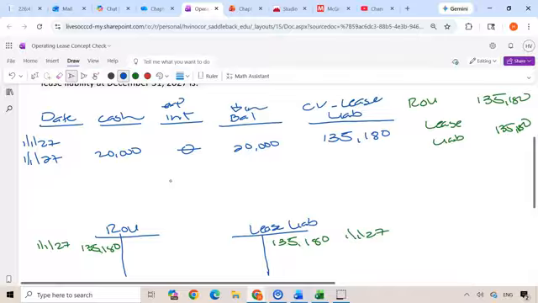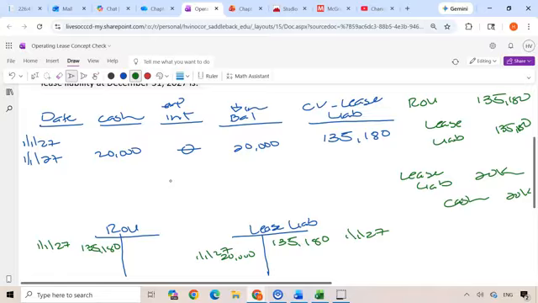So on 1/1/27, we debited the lease liability by $20,000 and credited cash. We made that payment right away. So on 1/1/27, I'm going to show a debit here for the $20,000.